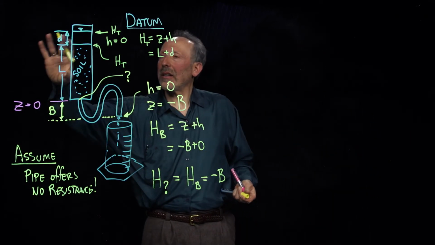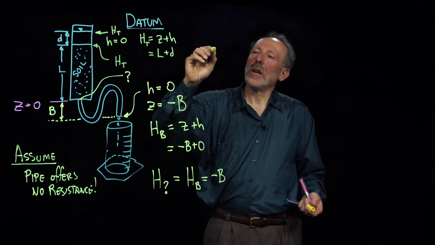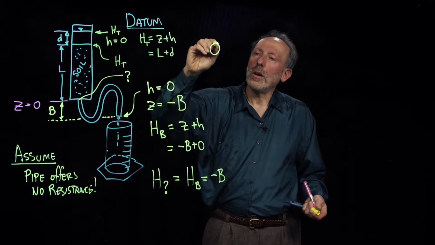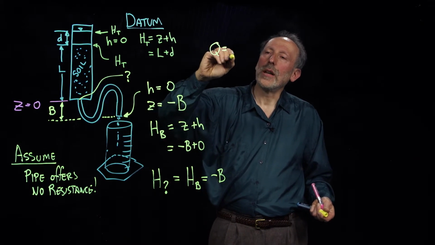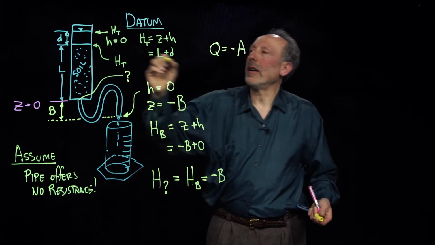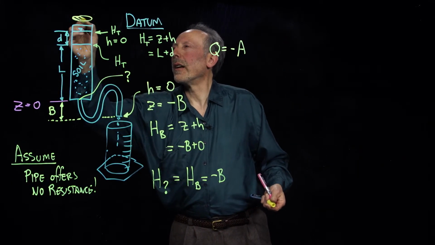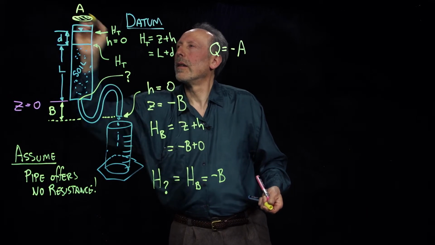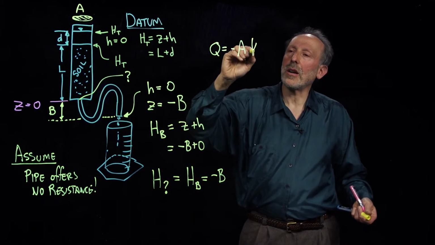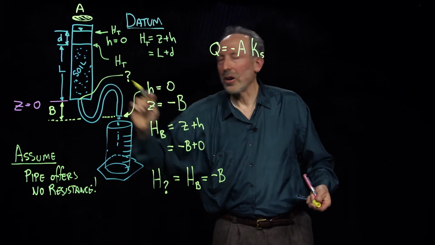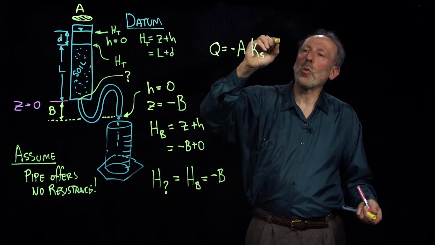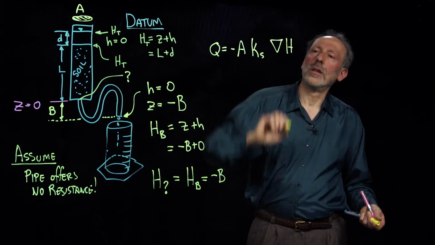If we wanted to calculate the flow through the system, we say, aha, the flow is going to be equal to the negative of the area of our column, so if I drew this little area there, times the saturated conductivity, because we have a saturated column, times the gradient in total potential.